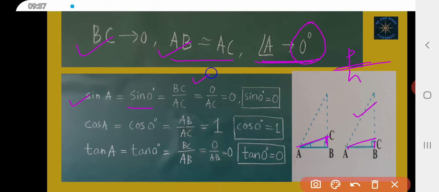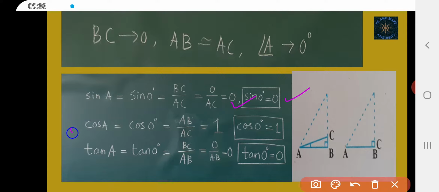So BC by AC, and BC tends to 0 and AC is something. So 0 by something is 0. So sin 0 degree is equal to 0.